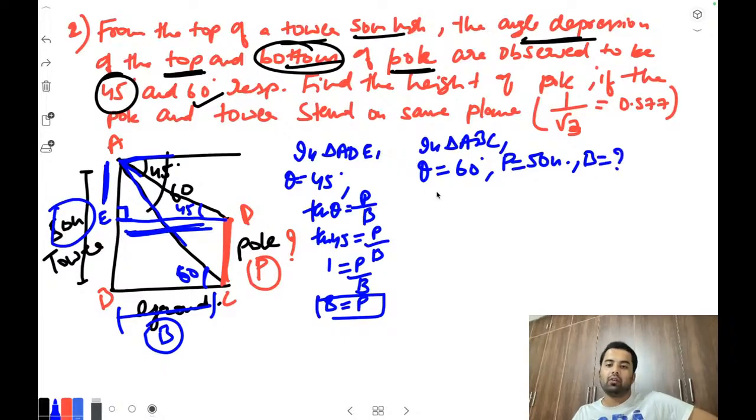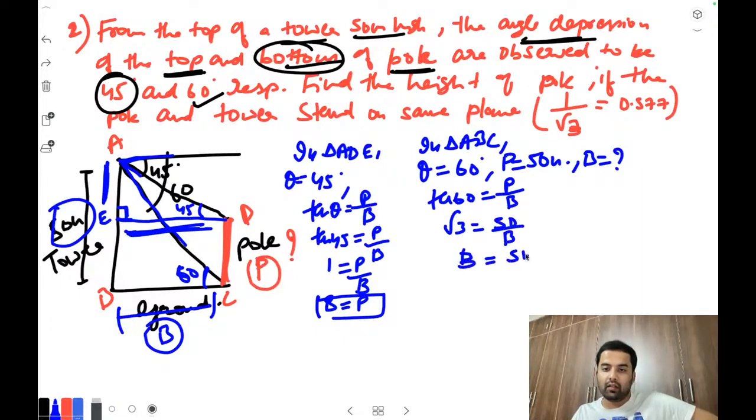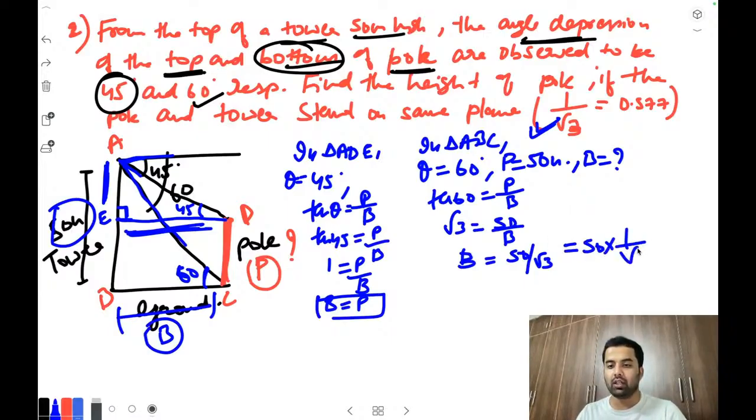Now next thing what we can do, again P by B. So tan 60 equal to P by B. Tan 60 what can we keep? Root 3 equal to what? 50 by base. And the base will come what? 50 by root 3. And see, it is told that 1 by root 3 equals 0.57 and so on. So 50 by root 3 stands for what? 50 into 1 by root 3.